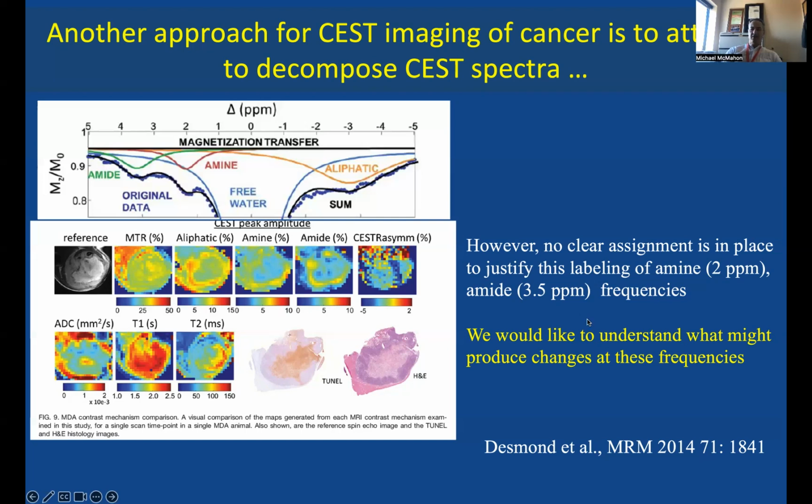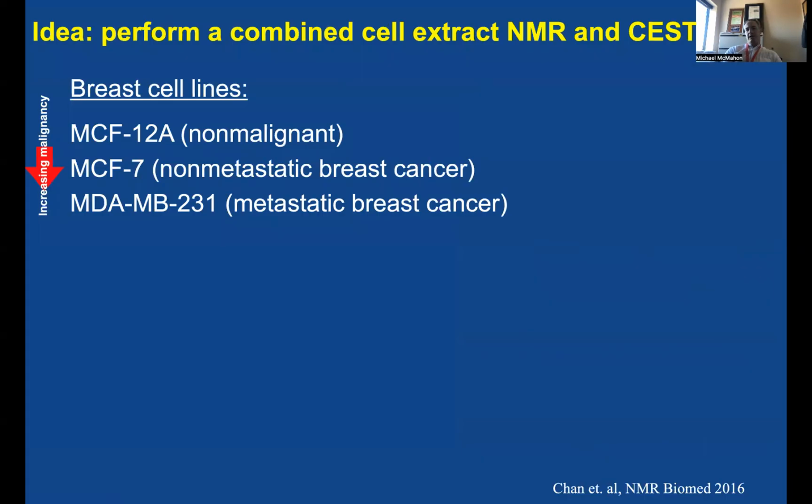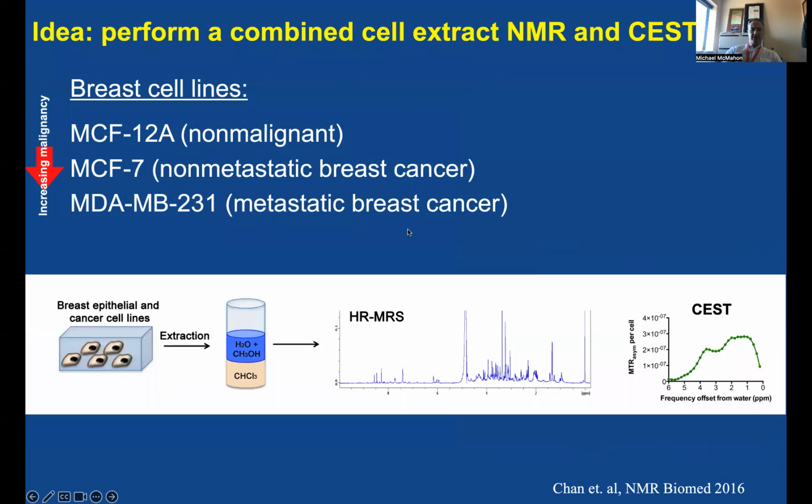frequency differences. So one of the first studies that I was working on with cancer and CEST was to try and understand what might produce these changes. And so what we had as an idea is we looked at non-malignant, benign, and metastatic breast cancer cell lines.